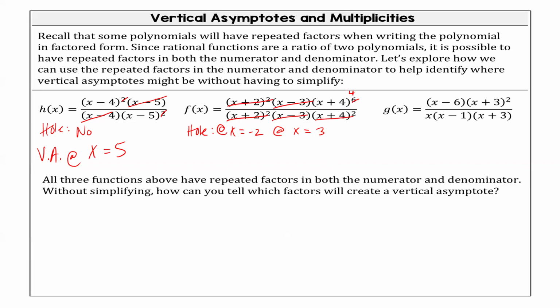We're only focused on vertical right now. We would be looking at a horizontal asymptote if we were talking about the degrees and comparing the degrees. So there's no asymptote. How do we feel? I can't have a vertical asymptote, because there's nothing left in the denominator, right? All right, what happens here?